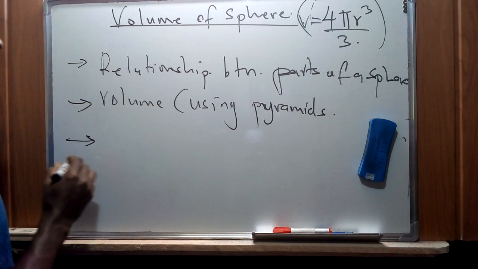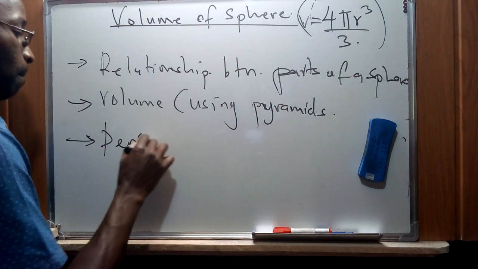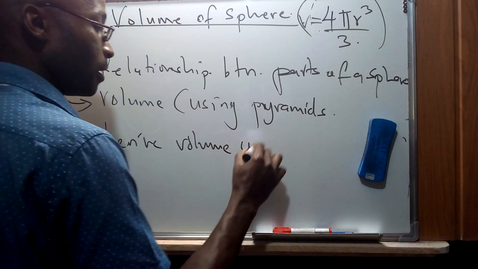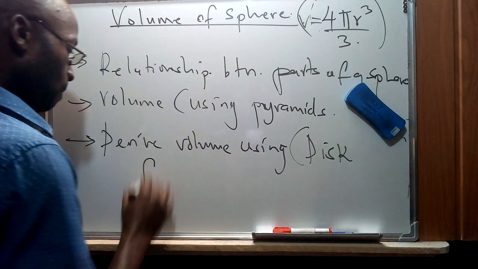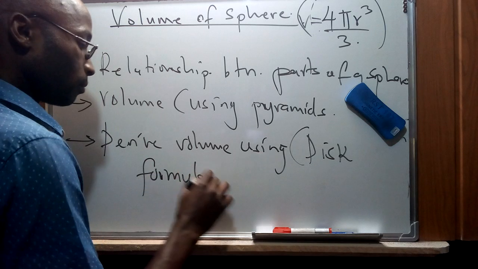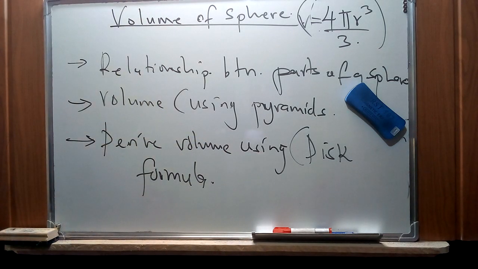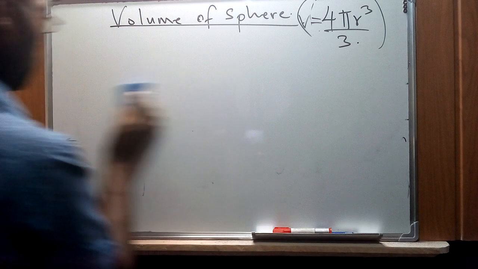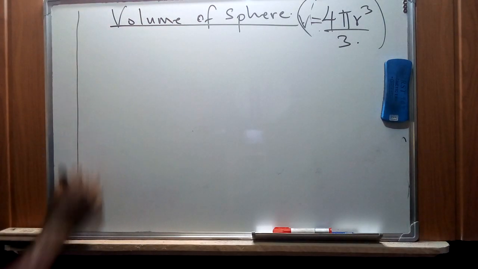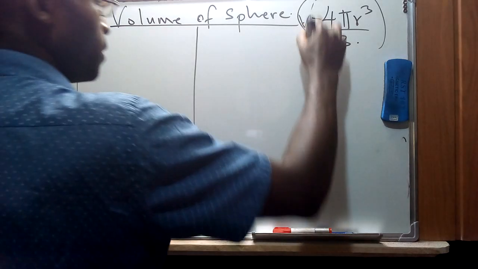And lastly, we're going to look at how to derive this volume using integral calculus, and in that case we will use what we call the disk formula. So these are going to be our main areas of focus. Seeing the relationship between the different parts of a sphere is going to give us a clue on how we can use different approaches in deriving the formula for the volume. So let's look at some basic concepts that are going to assist us in figuring out how to find the volume of a sphere.